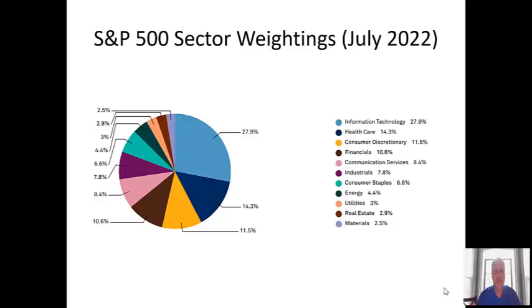This was the weighting of the S&P 500 then, split into its 11 different sectors, but this weighting has varied drastically from time to time, and even within a one-year period.